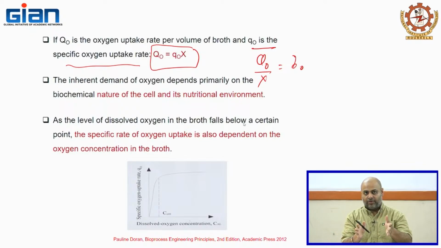So it is the total oxygen uptake rate per unit volume divided by the cell biomass. Inherent demand of oxygen depends primarily on the biochemical nature of the cell and its nutritional environment.